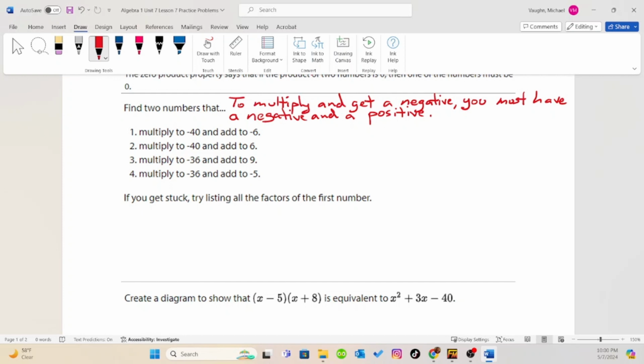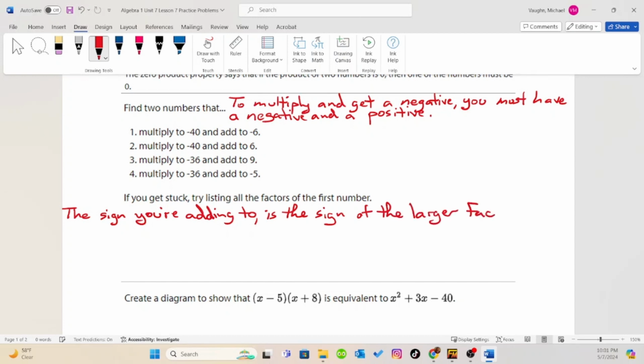Whatever sign you're adding to is the sign for the larger factor. So now, as we go through these, that's what we want to keep in mind.